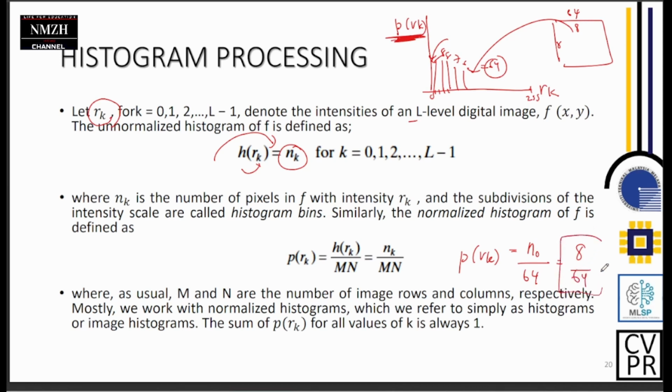So this will be a value of 0 point something. Okay, so that would be the idea of PRK. Okay, so whereby M and N are the width and length. Okay, so that would be the idea of histograms or image histogram, whereby each image has a histogram.